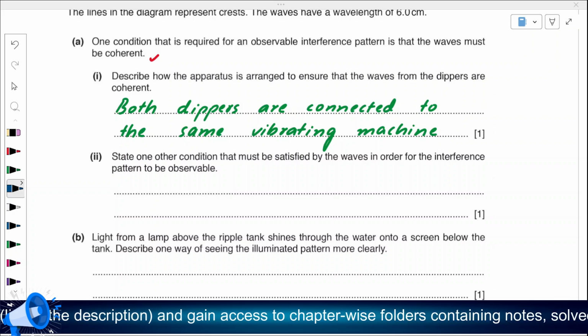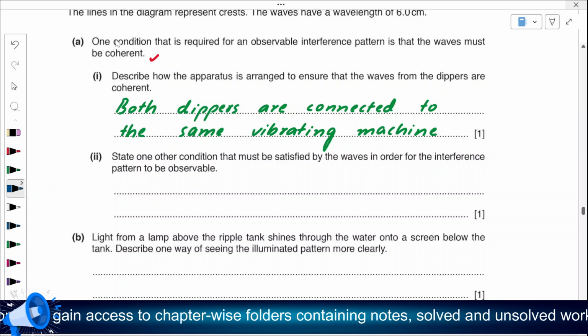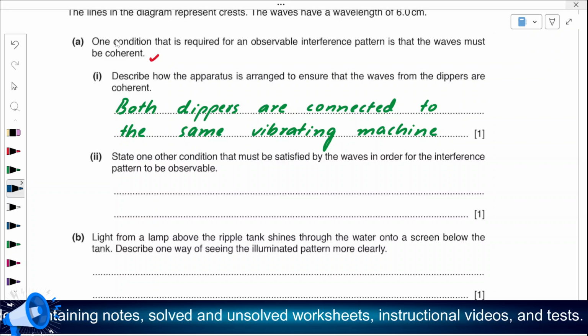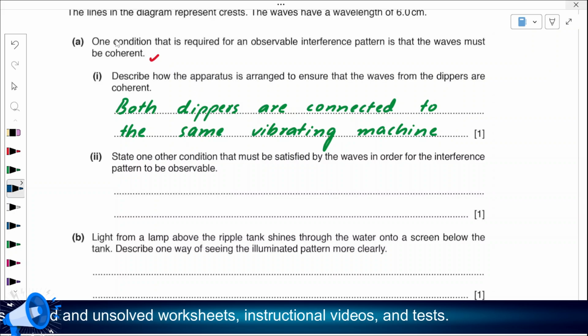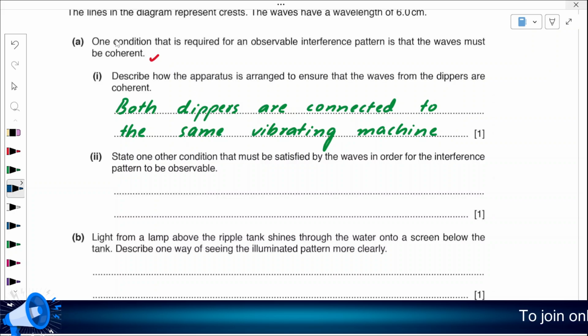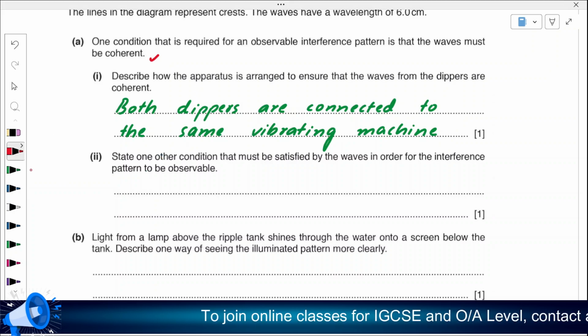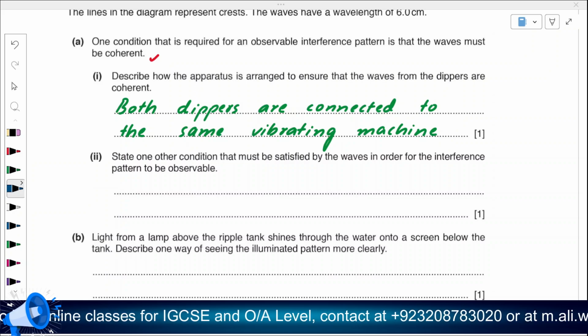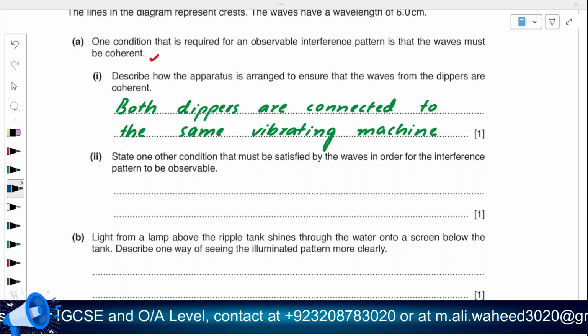What would happen with the same amplitude? You will be seeing the destructive interference also. Otherwise, you won't be able to see the destructive interference. And what do we mean by destructive interference? When the crest of one wave falls on the trough of the other. And in order to get purely destructive interference, the two amplitudes should be the same. So the two waves should have the same amplitude.